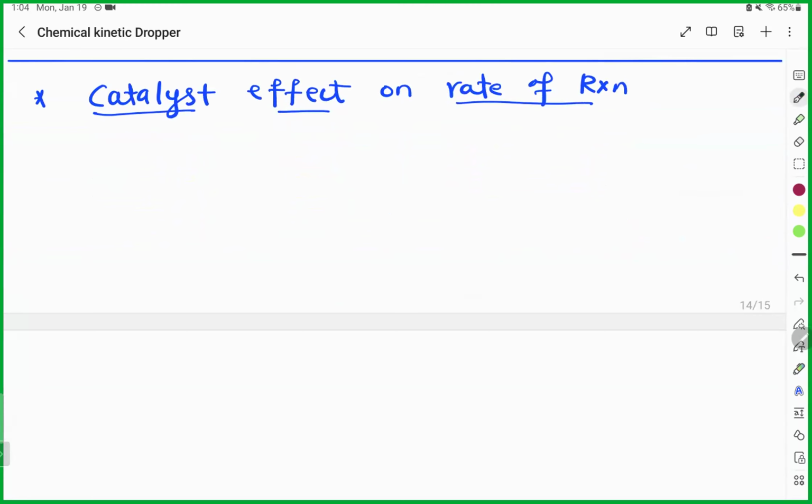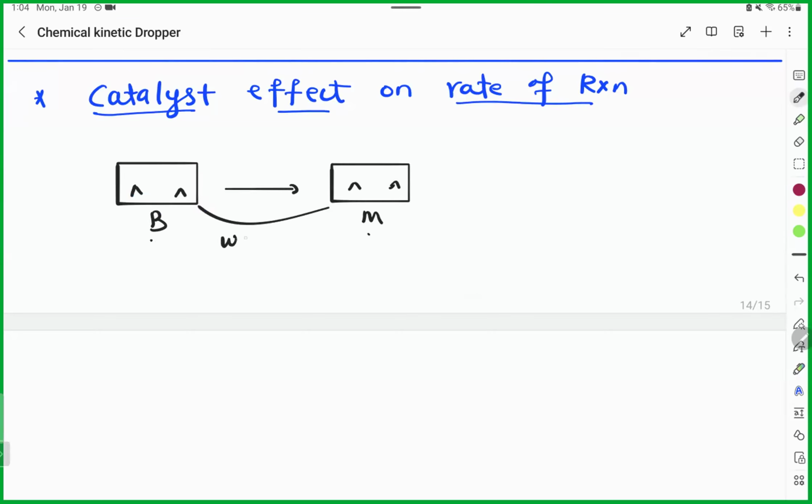It's like if you sit in a bus. Example, you sit in this bus from Bangalore and you go to Mysore. What is the bus doing for you? You are going from Bangalore to Mysore, but the bus remains the same without any chemical change. What is the role of the bus? To reduce your journey. If you go by walk, you might need 10 hours, or let's take 15 hours, but the bus will reduce the same journey to 2 hours.